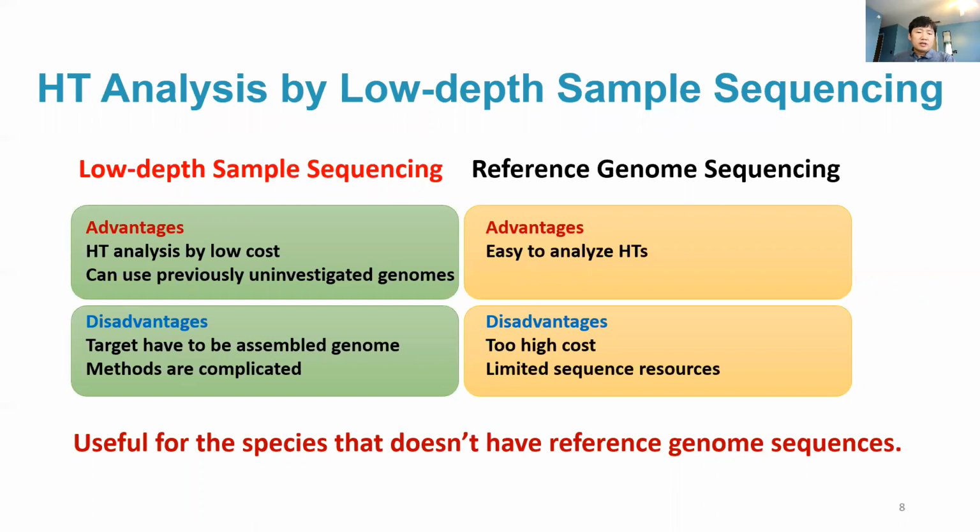In contrast, the advantage of using reference genome sequences in horizontal transfer investigation is that it is easy to analyze the horizontal transfers. However, if we use the assembled genome sequences, the sequence materials for horizontal transfer investigation are highly limited, and the generation of a new assembled sequence is very expensive.